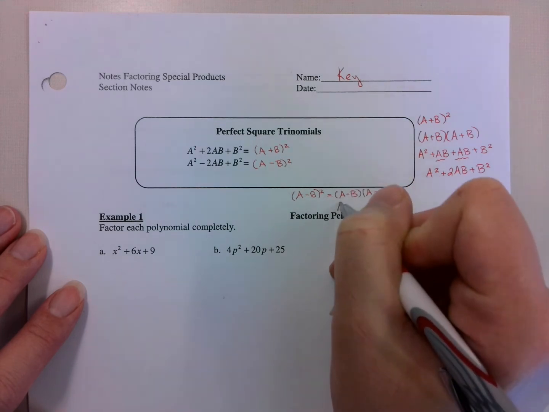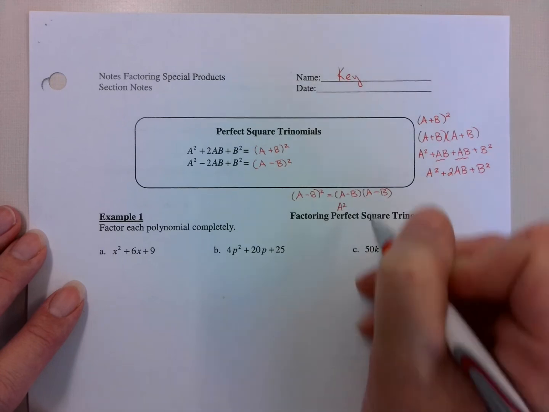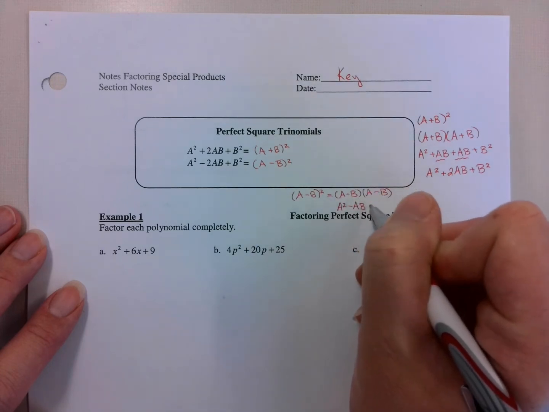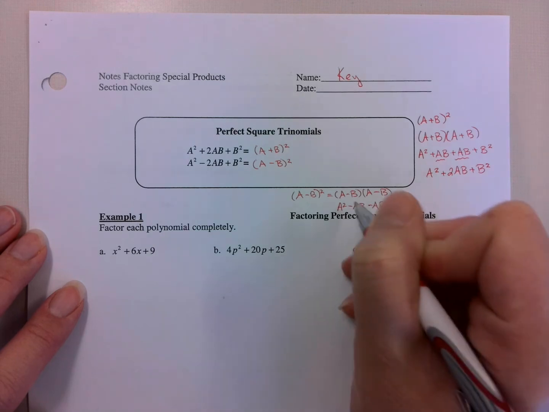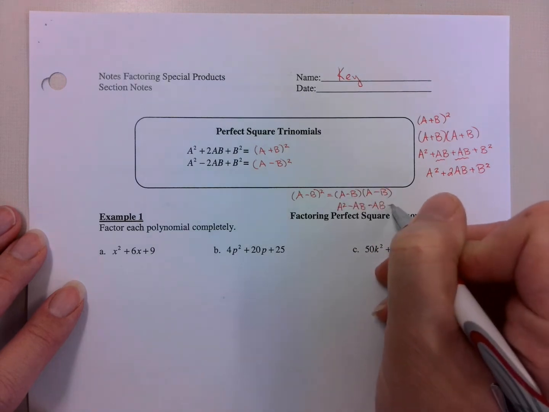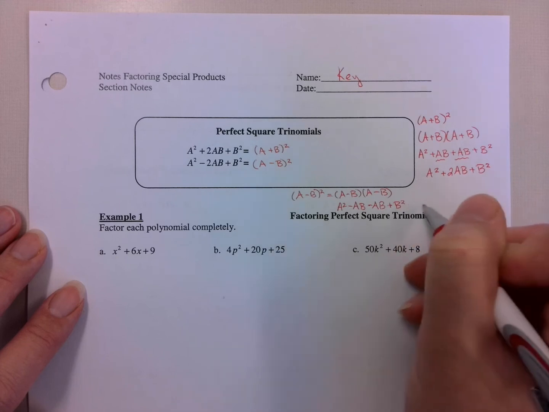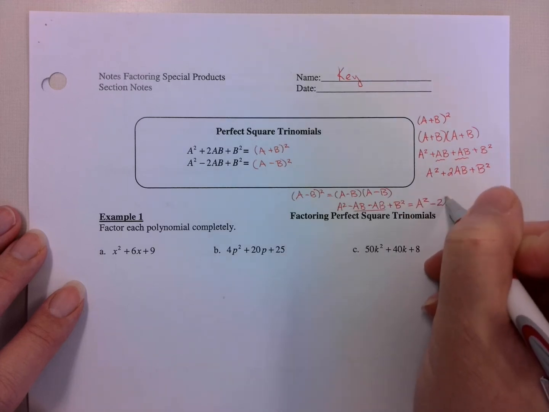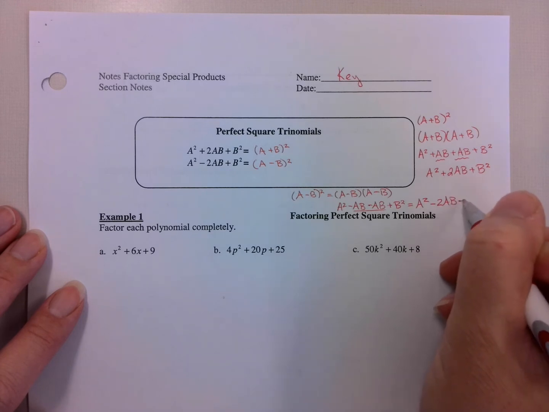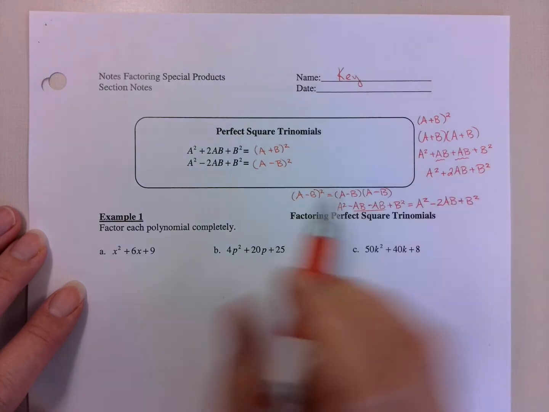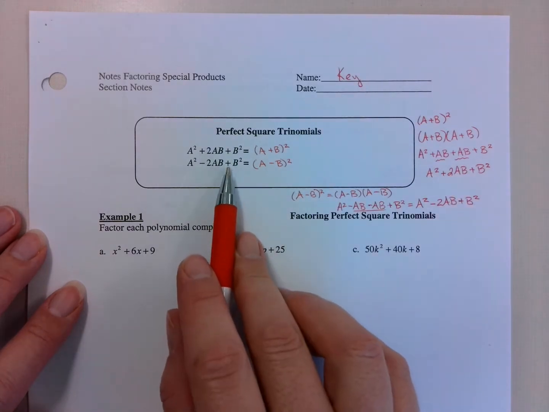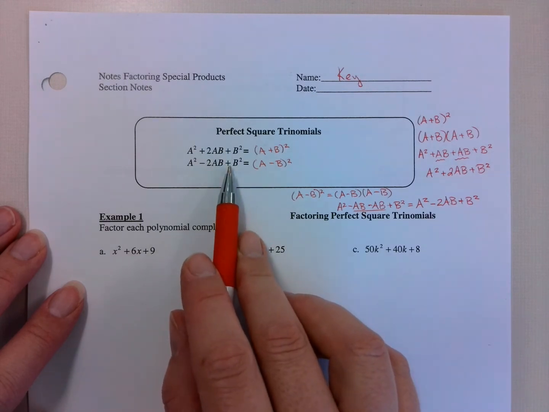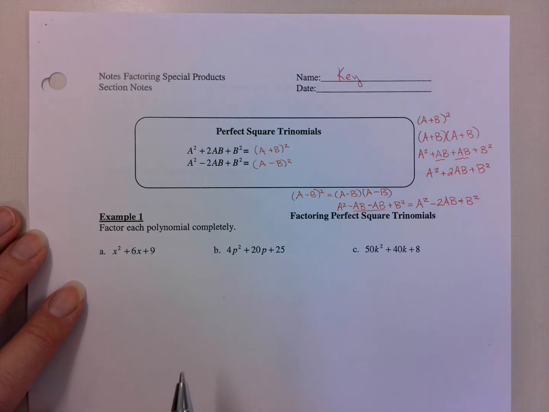So we still get that positive a squared, but this time we get a negative ab for the outside, a negative ab for the inside, and a negative times a negative gives us back that positive b squared. And you can see that that transforms with our like terms to a squared minus 2ab plus b squared. So again, when you have a positive c, that means you must have a plus plus or a minus minus to get here. And so that would bring us to the minus minus.